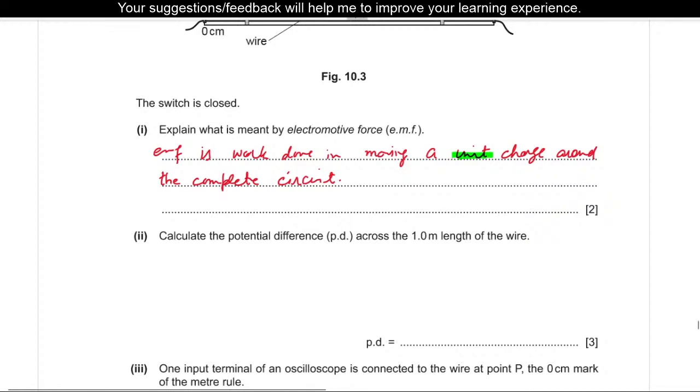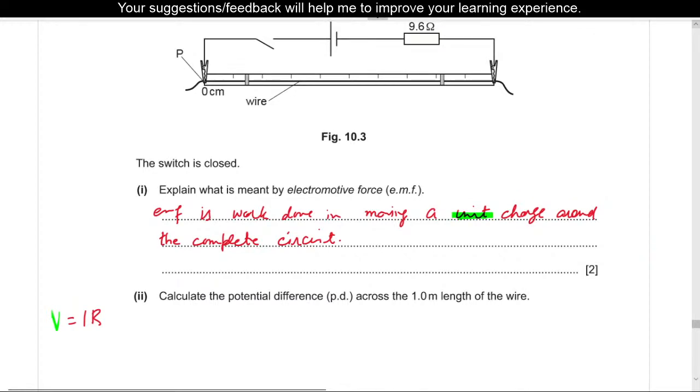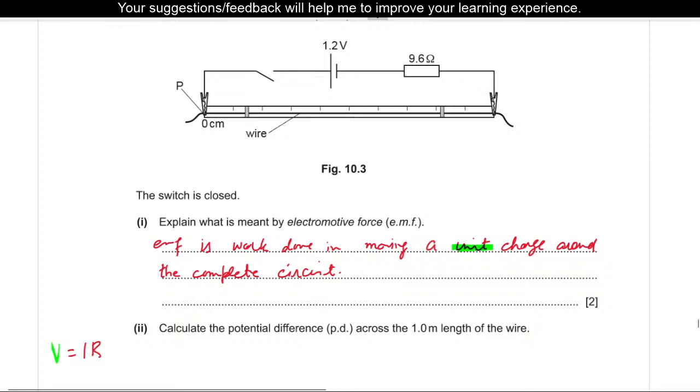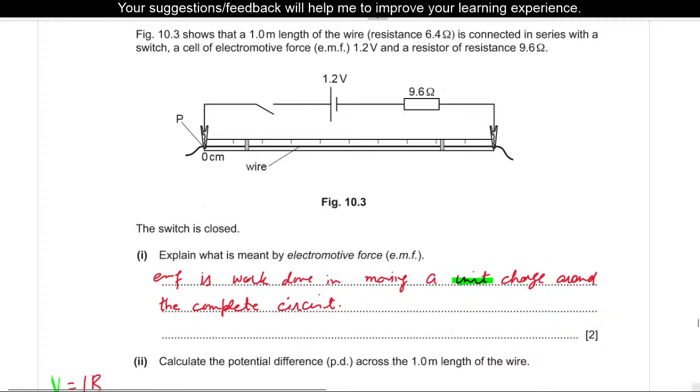The formula of potential difference is V is equal to I into R. The resistance is given as 6.4 ohm here, but we don't know the value of current.